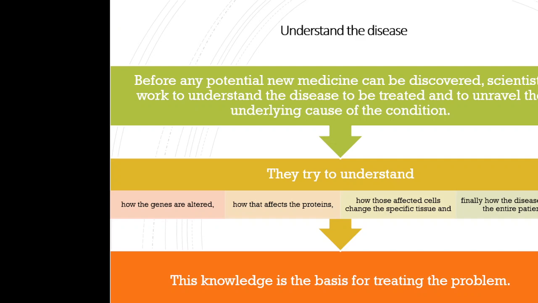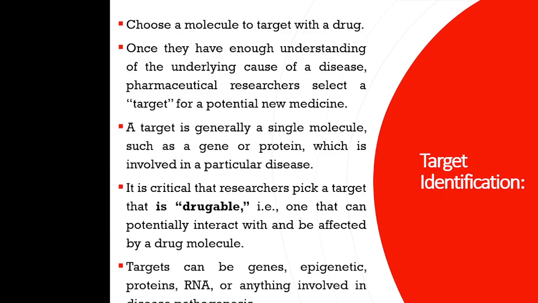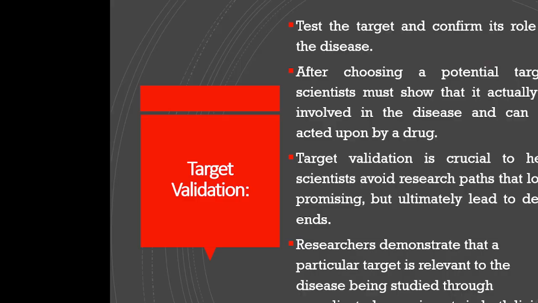One is understanding the disease. The second step is target identification. Now the third step is target validation. Target validation means we are making sure that this is the particular target. For example, in the case of the COVID virus, right now we know that there is a certain kind of coronavirus.